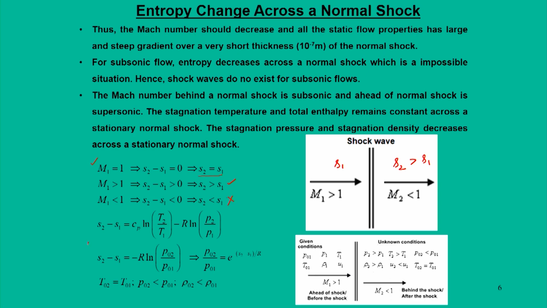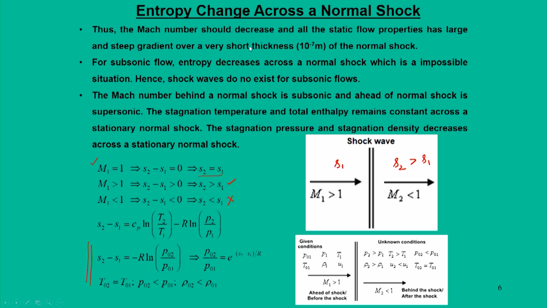So, we get this information from the entropy equations. For subsonic flow, entropy would decrease across a normal shock, which is an impossible situation because it would violate the second law of thermodynamics, which means shock waves do not exist in subsonic flow. So, this is the fundamental theory.